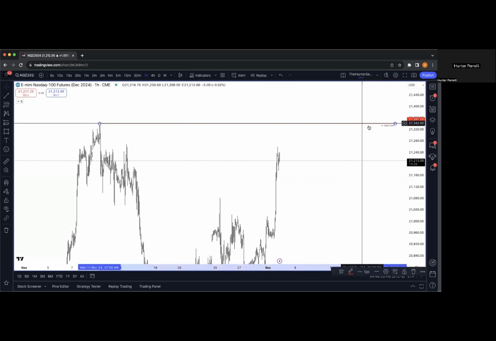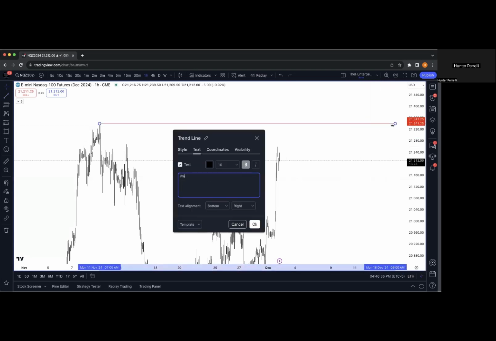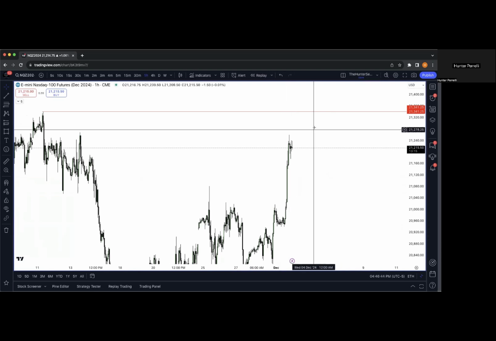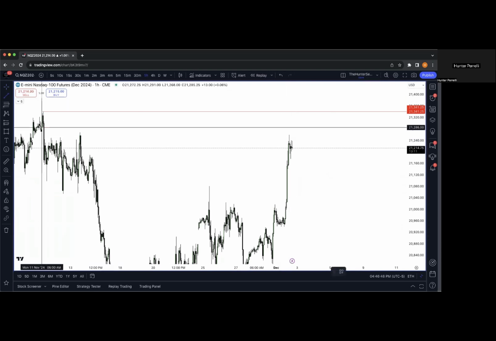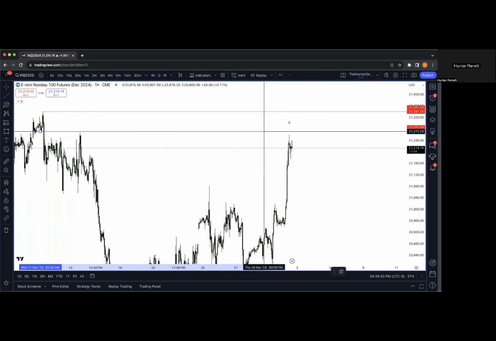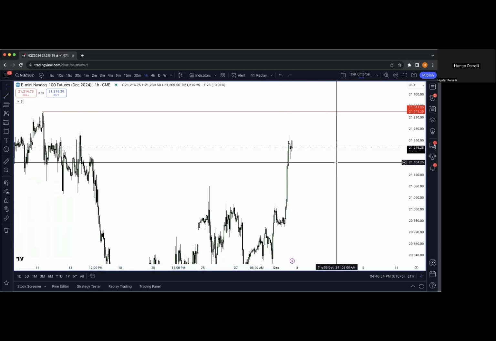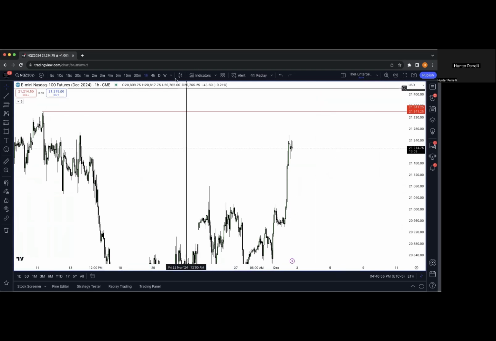So let's say this is, I'll just say weekly buy side. And let's say this is my ultimate target for the week. Now, there would be more in between this. I would have this price right in here drawn across and so much more. But let's just say I'm really targeting 21,341 and a quarter.